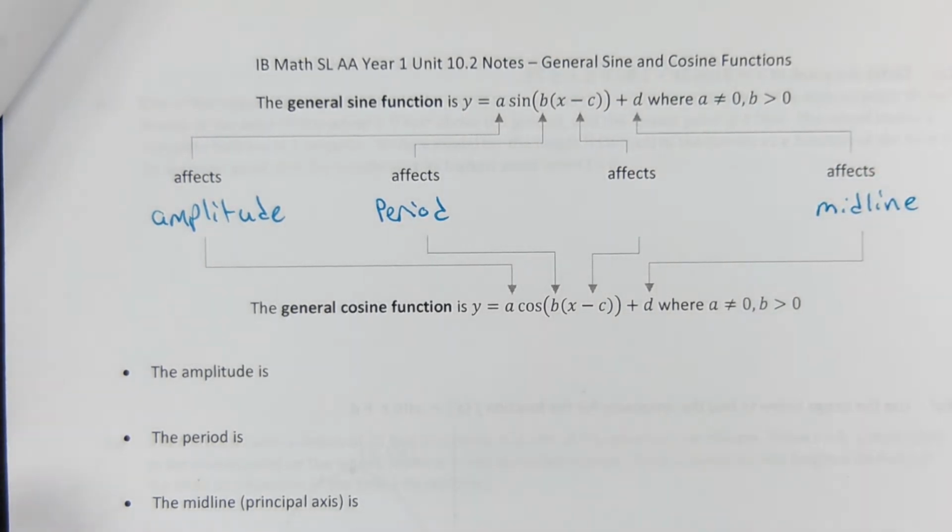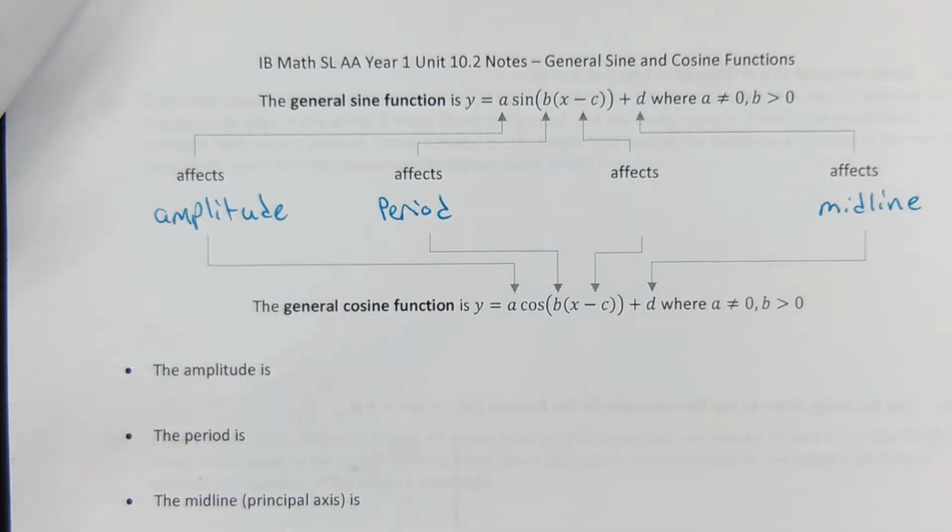So what does this affect? Well, hopefully we all know that adding and subtracting on the inside is shifting left and right. In trigonometry, shifting the wave left and right is known as a phase shift. So what does it affect?